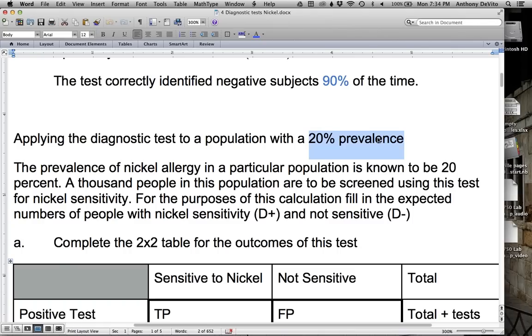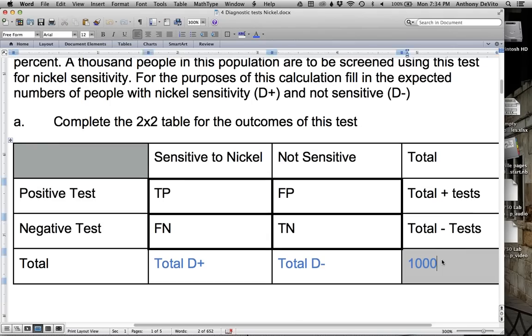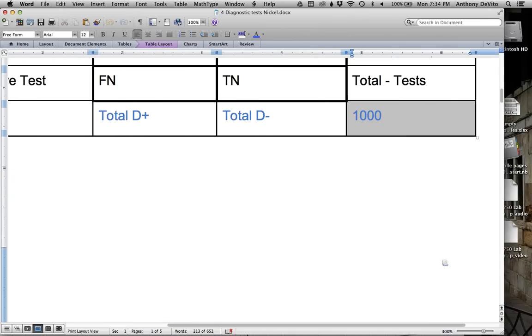That means 20% of the people are sensitive to nickel in this population. So I randomly select 1,000 people. How many of those 1,000 people would I expect have a nickel sensitivity? 20% prevalence. How many would I expect? 200, right?